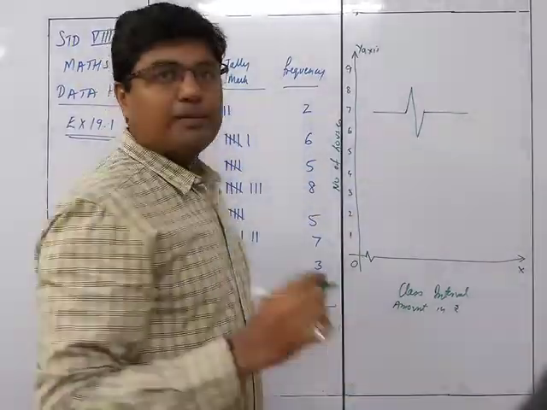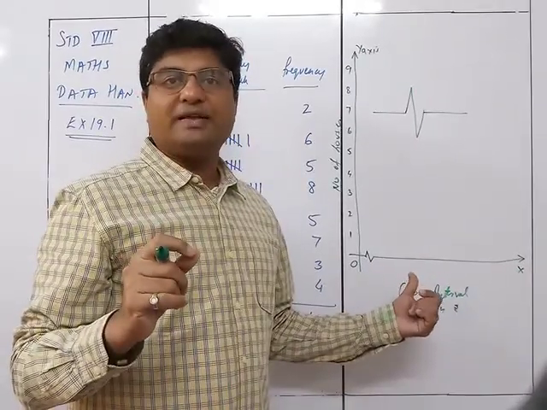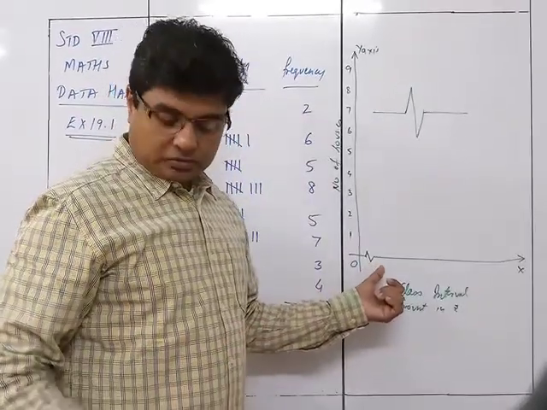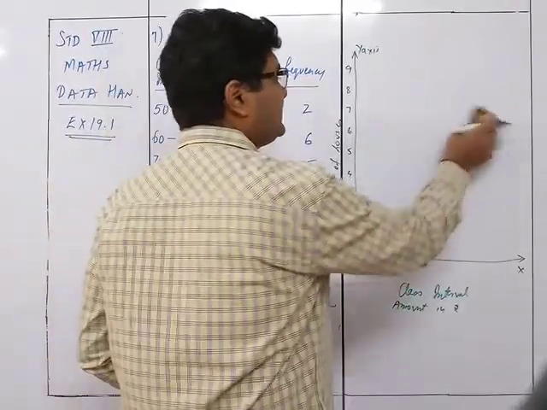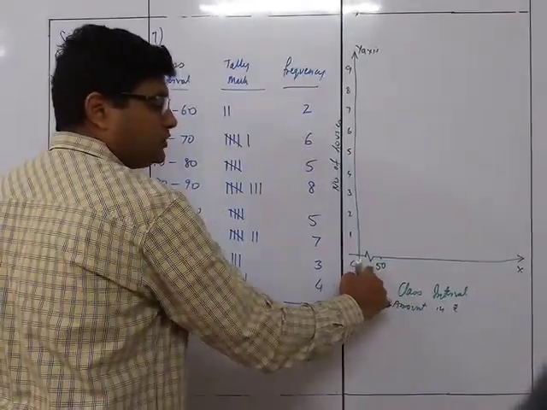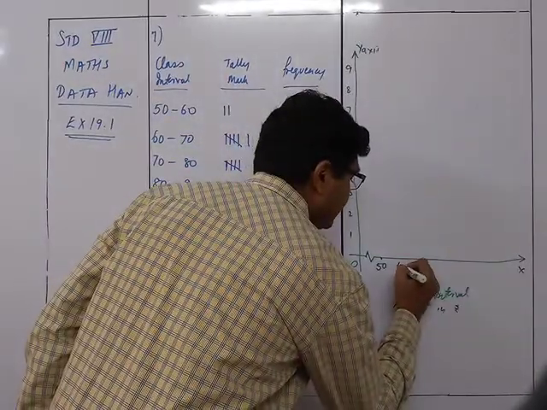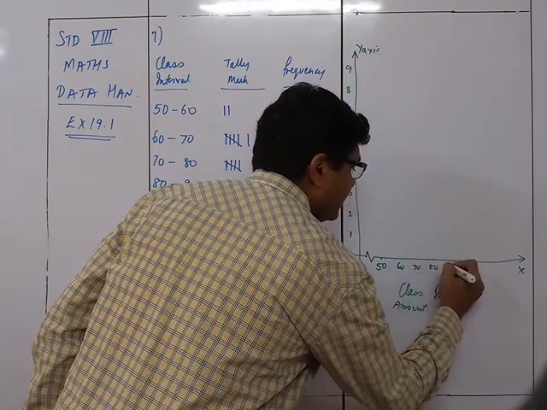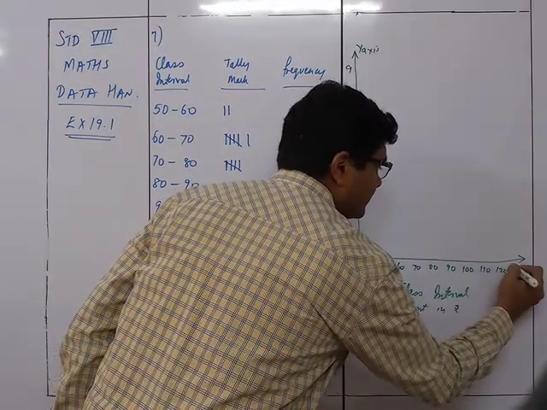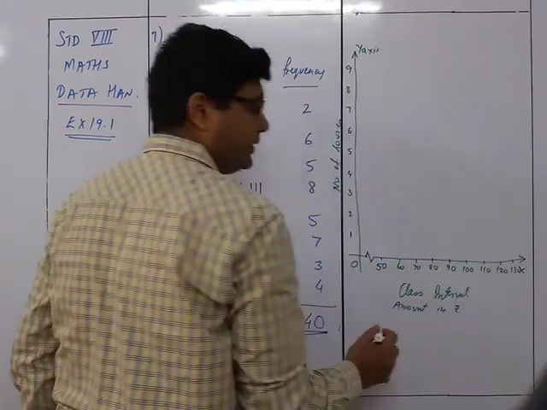This is called a break or a kink. A kink tells you that there is a break in this line, and hence the scale is not suitable for this particular part, and we start from the next point as 50. So this much part is not to scale, and then we say 60, 70, 80, 90, 100, 110, 120, 130.